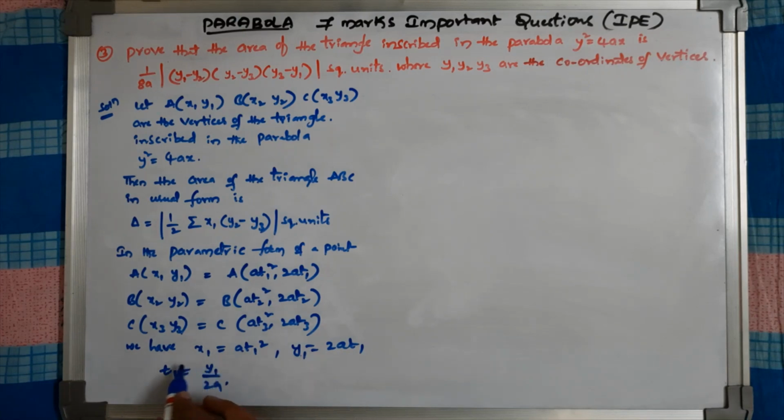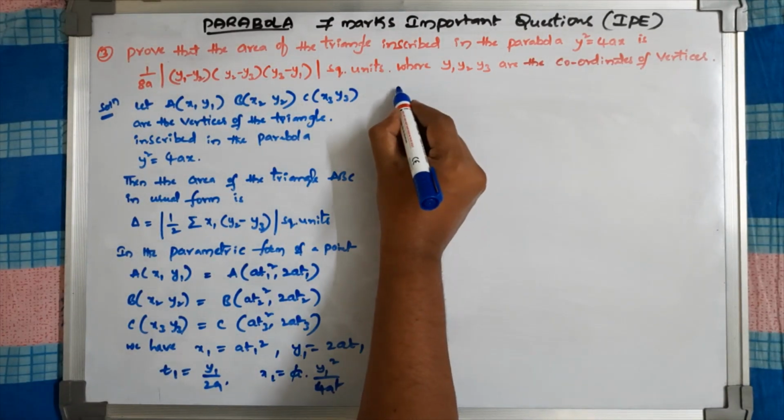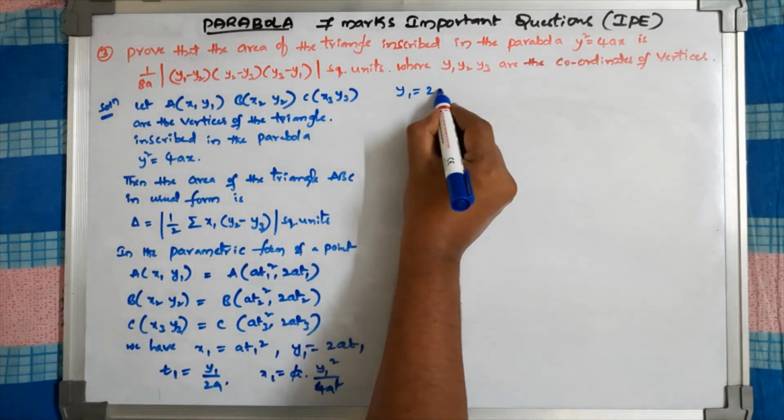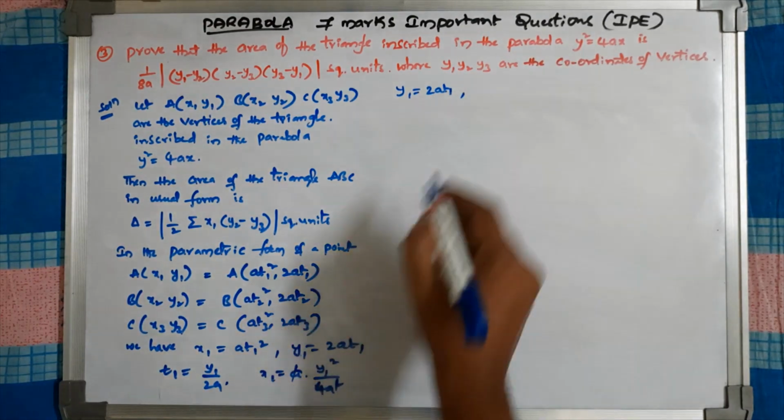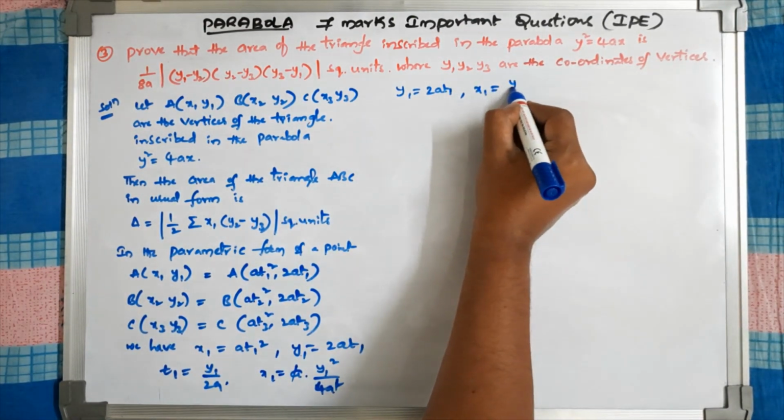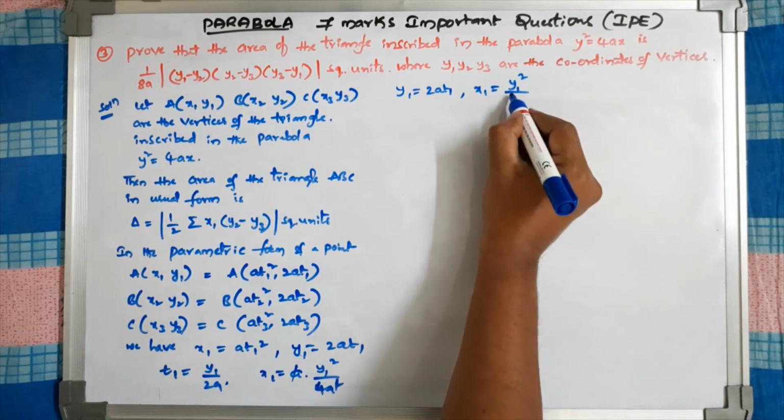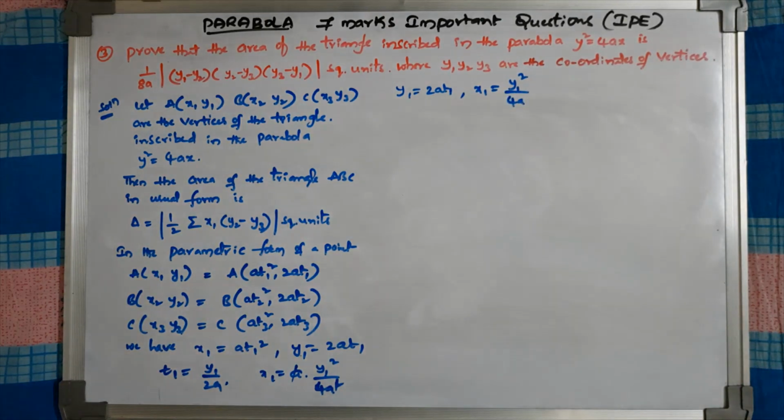So substitute the value of t1 in x1, so that x1 equals a into (y1 by 2a) squared, that is y1² by 4a², a cancels, so that you get y1 equals 2at1 and x1 equals y1² by 4a. You get x1 and y1, right.